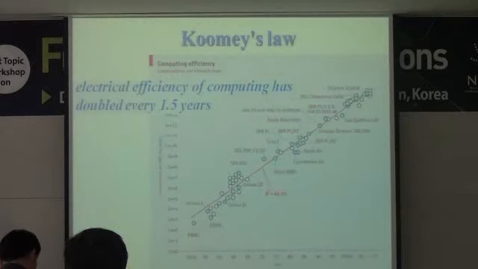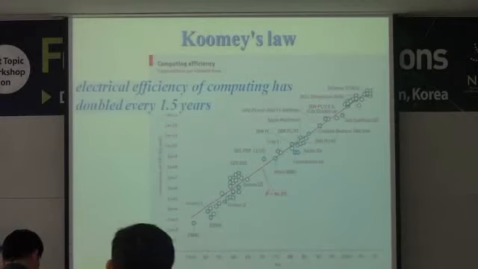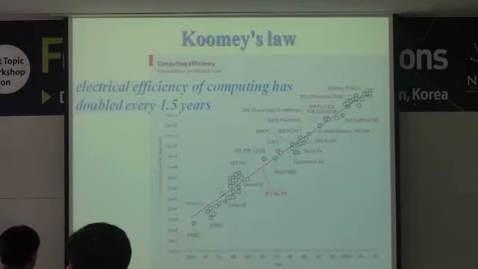Here is Koomey's law, which is very optimistic, and this law is saying that electrical efficiency has doubled every 1.5 years.